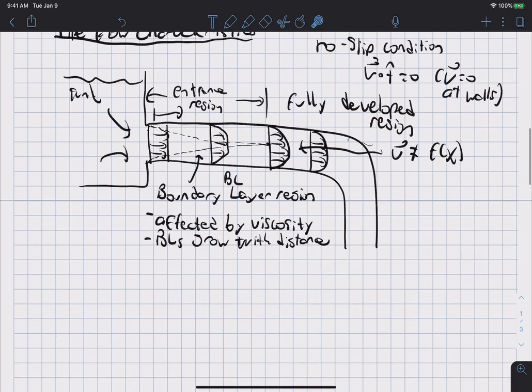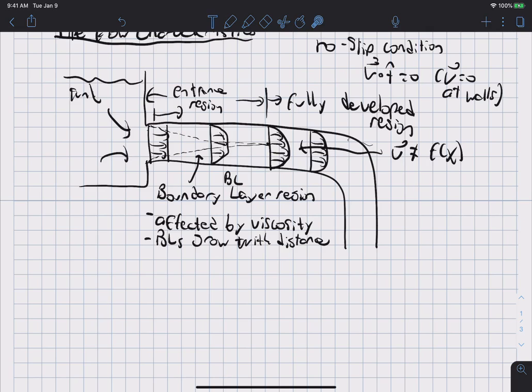And so the entrance region of the pipe flow is where the fluid has felt the presence of the wall.